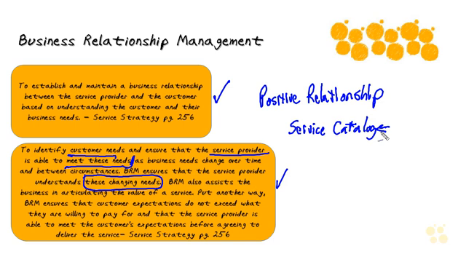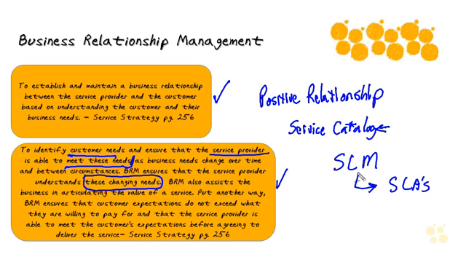This process, by the way, is really strongly linked with service level management, SLM, but there are some major differences that you need to be aware of. The service level management is going to deal mostly with SLAs, your service level agreements. So remember that.